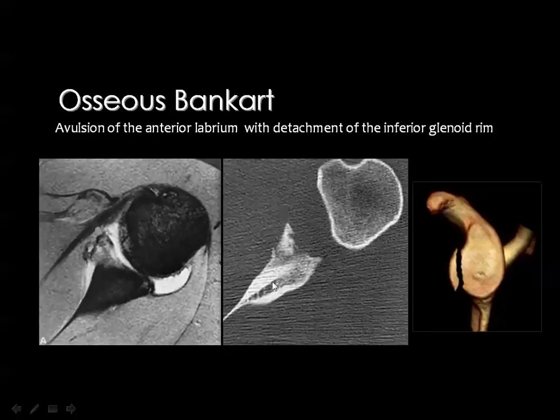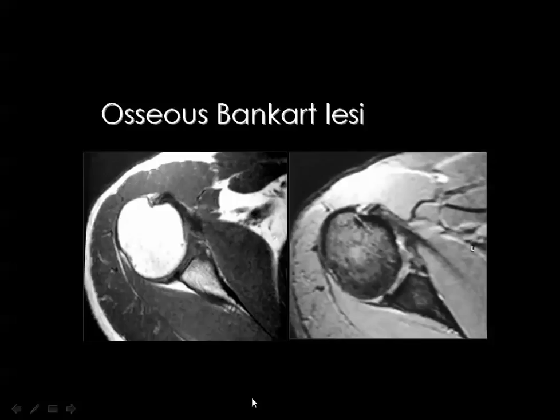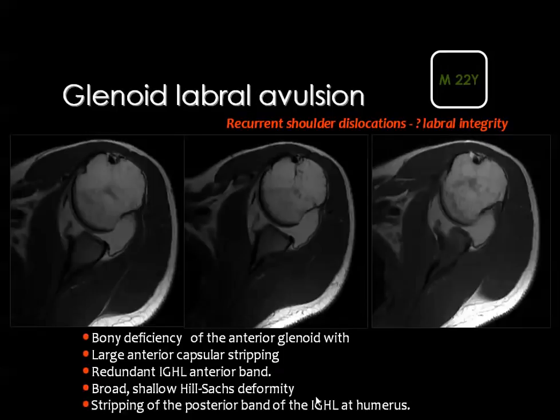Osseous Bankart lesion can be diagnosed by CT, and also by MRI, whenever you see that there is a missing or fractured part of the glenoid, part of the scapula, associated with injury of the anterior glenoid labrum. In this example, you can see the rupture of the anterior glenoid labrum together with the related part of the glenoid bone. And this is known as osseous Bankart lesion.